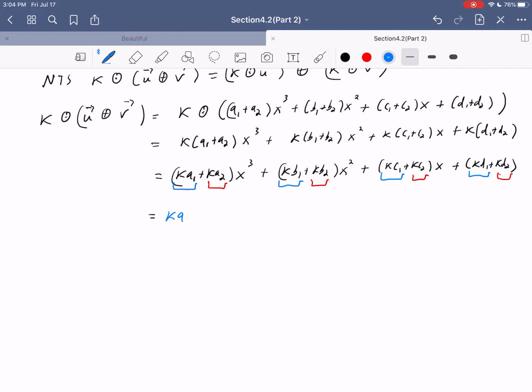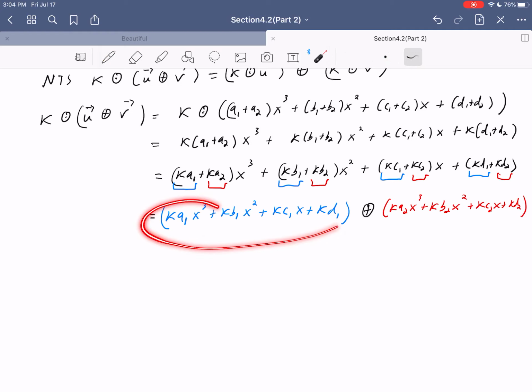So this should be KA1 x cubed plus KB1 x squared plus KC1 x plus KD1. And then our vector addition, which just says add the polynomials, and then KA2 x cubed plus KB2 x squared plus KC2 x plus KD2.